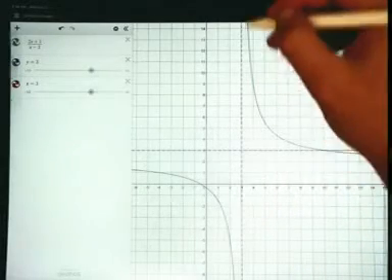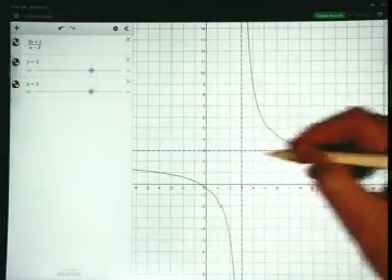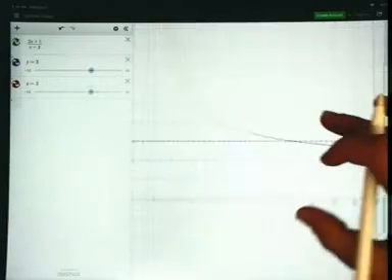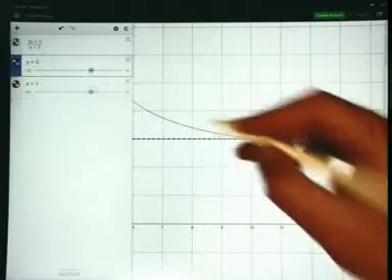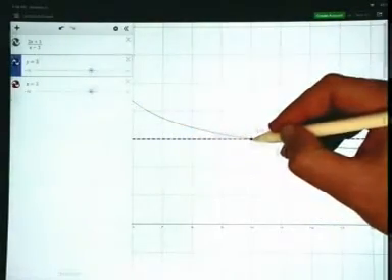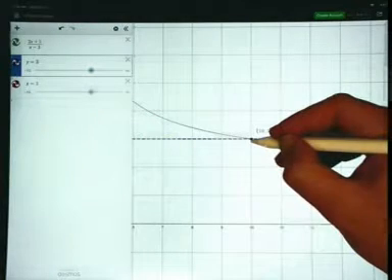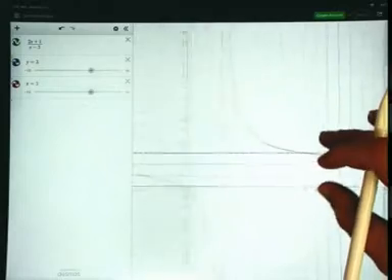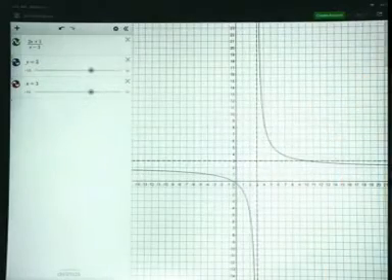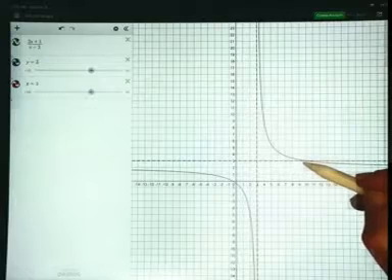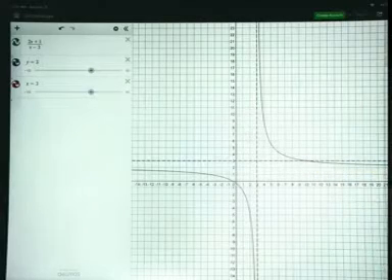Then it's above y equal to 3 all the way until this point right here. It's above 3, it's above 3, it's above 3, and then as soon as you get to x equal to 10, it's below 3. So this is the graph of the original inequality.